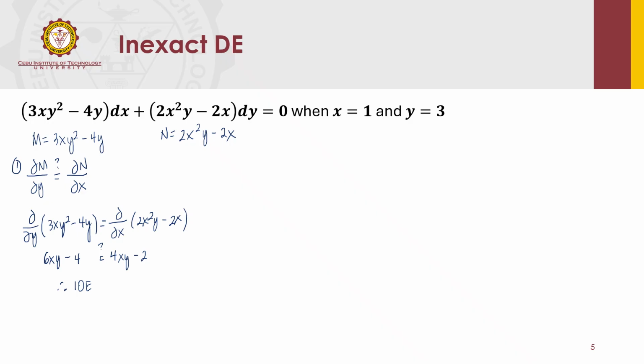So the second step is to solve for the integrating factor. We're going to try if we'll get a pure f of x if we multiply 1 over N by this expression.